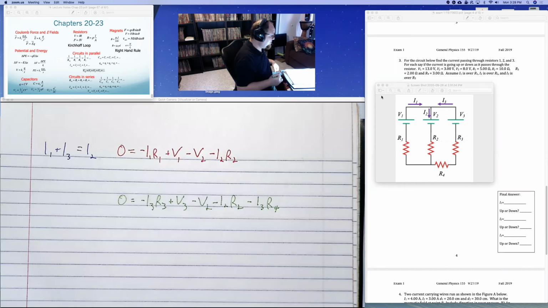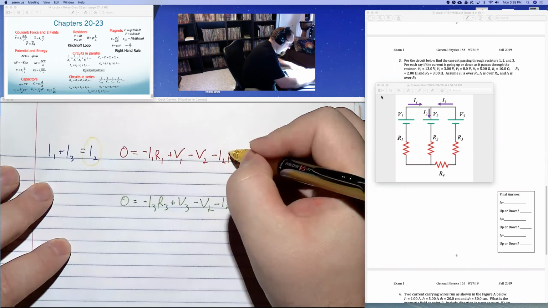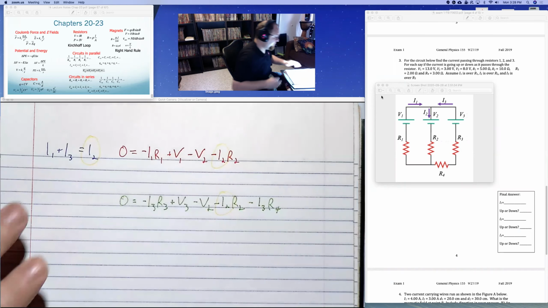What I'm going to do is I have 3 equations and 3 unknowns. I'm going to have to solve them together. How I like to do it is there should always be one term in all 3 equations. In today's example, it's I2, because I have I2, I2, I2.